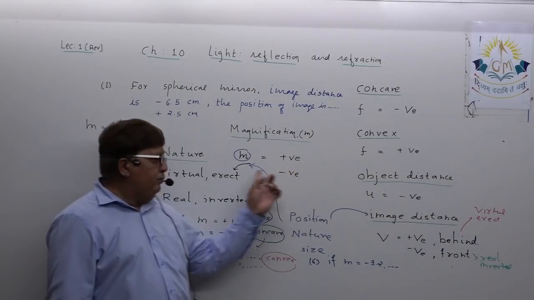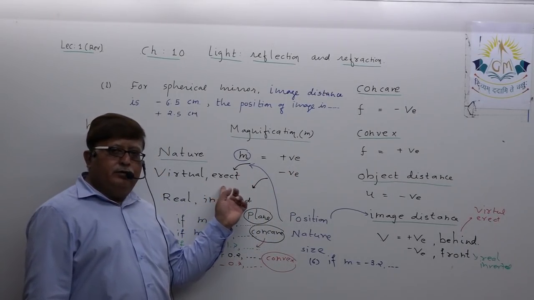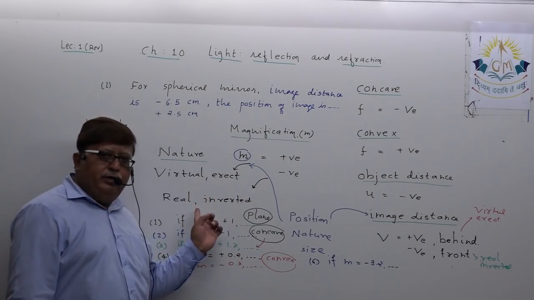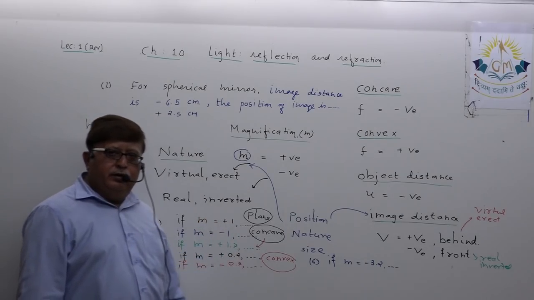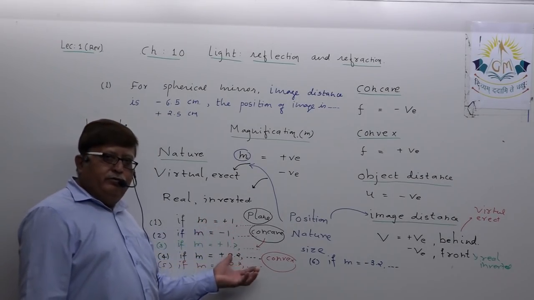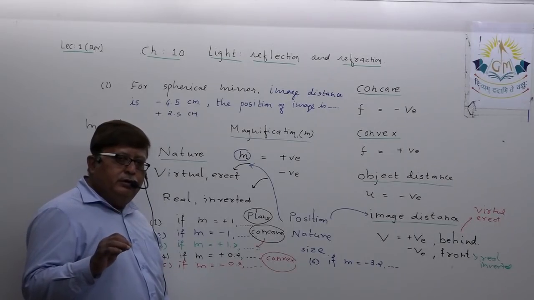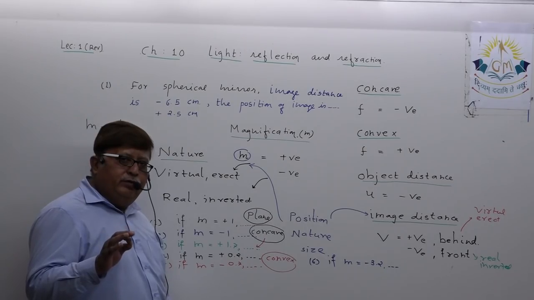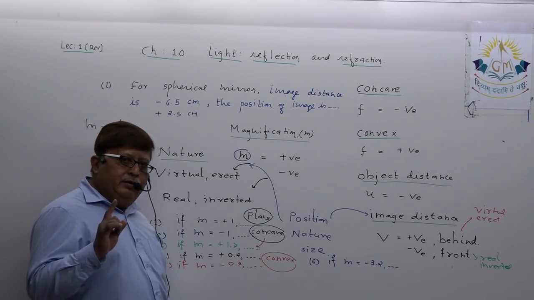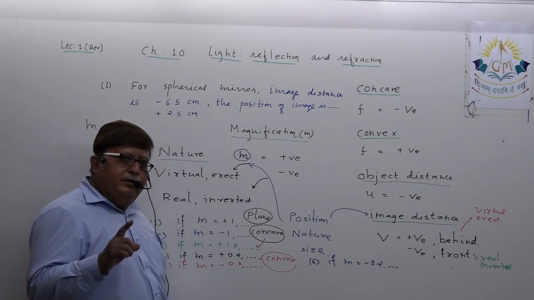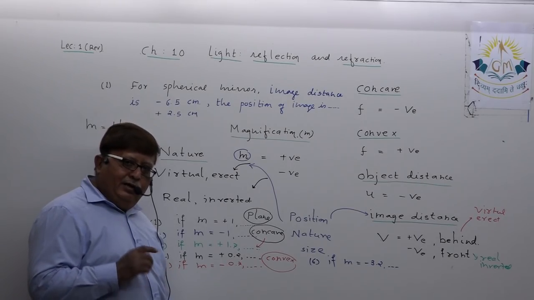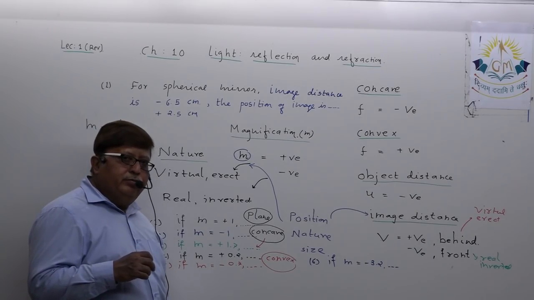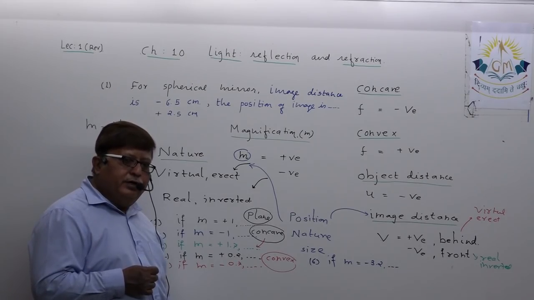Magnification positive, image virtual erect. Magnification negative, image real and inverted. And then, dear student, just from the given value of magnification, you can guess the nature and size of the image, and also you will get the type of the mirror utilized for that.